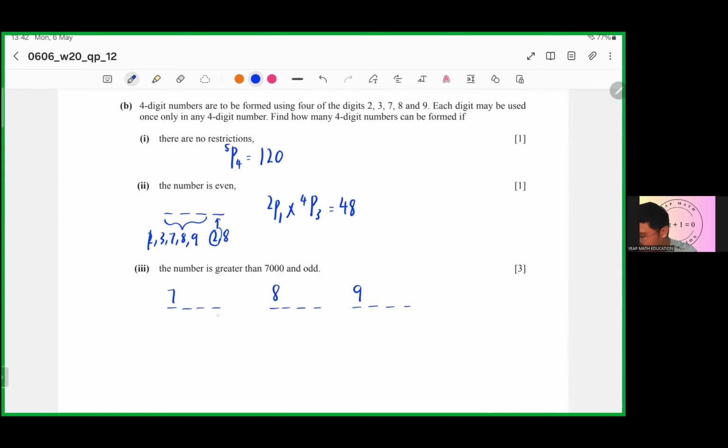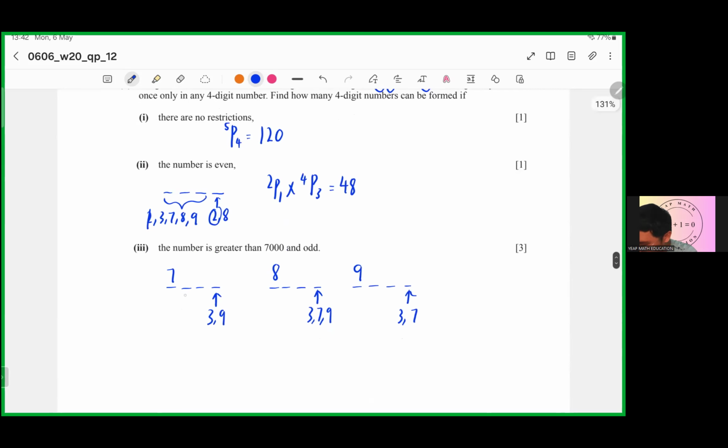It means this 7 is already used. We see 2, 3, 7, and 9. So here we can use 3 and 9 only. But in this case, because 8 is an even number, we can use 3, 7, 9. But here we can use 3 and 7.